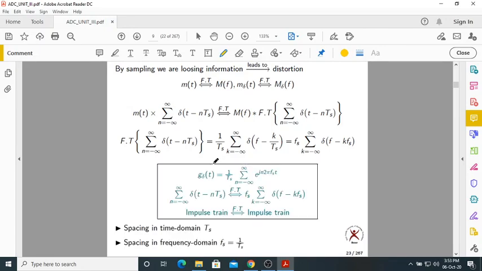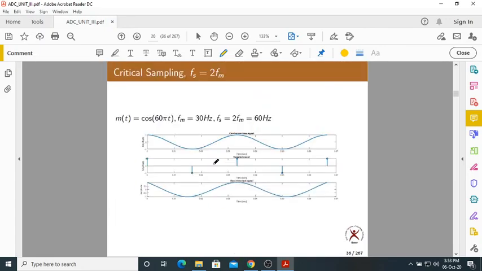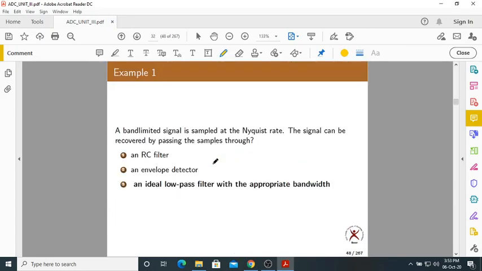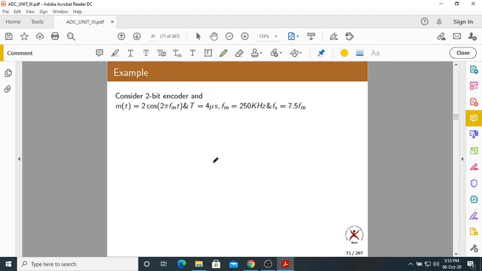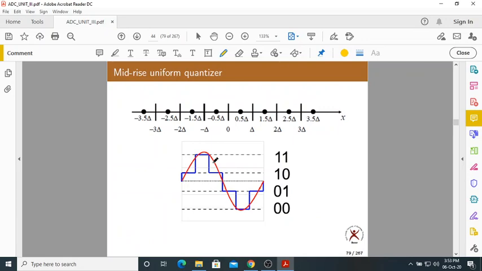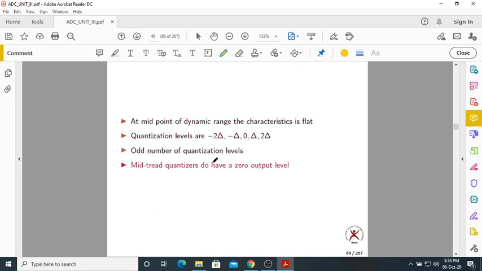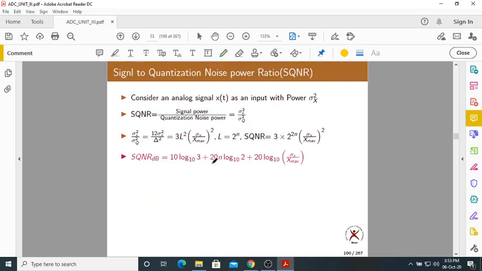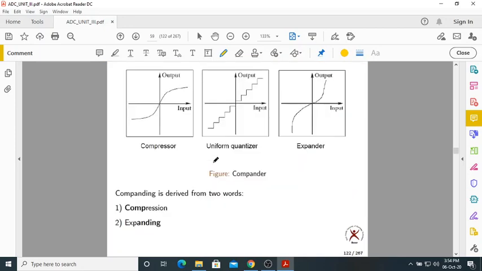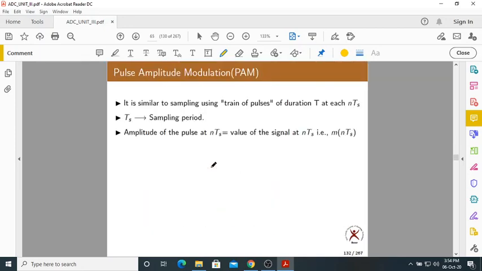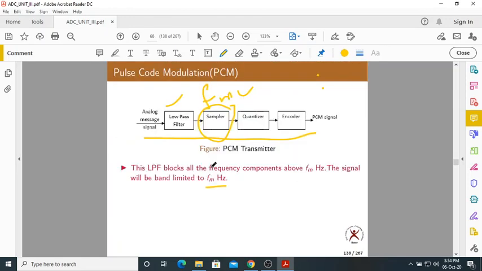So sampling is somewhat similar to modulation, isn't it? The message signal is multiplied with a periodic carrier, and the output of the modulation, the modulated signal, has pulses or impulses whose amplitude changes according to the message signal. In that sense it is called a modulation technique, but conventionally it is not a modulation technique at all. Because sampling resembles modulation, it is called pulse code modulation. That is only the logical thinking about PCM being called a modulation technique.